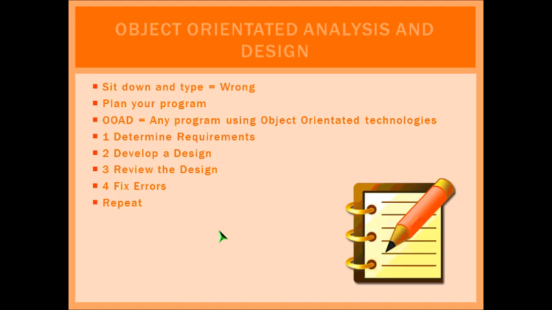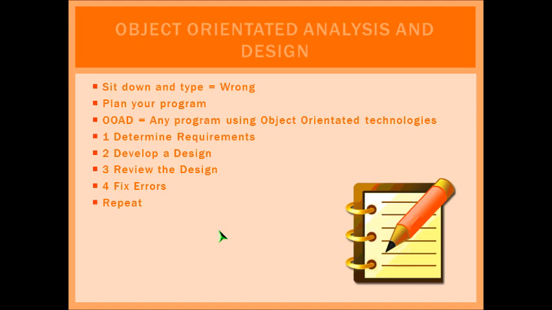Now, what in heaven's name is object-oriented analysis and design? When we plan an object-oriented system, the formal term for that is object-oriented analysis and design. So when your boss asks you to create a new mobile chat application, it's probably going to be a very bad idea to just sit down and type immediately.